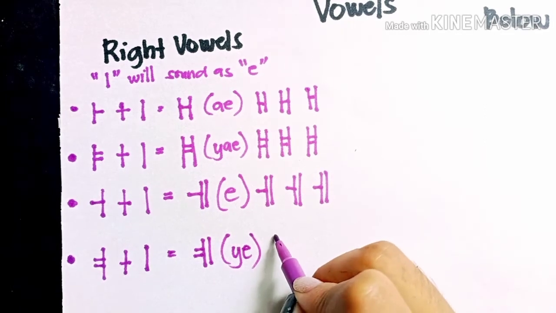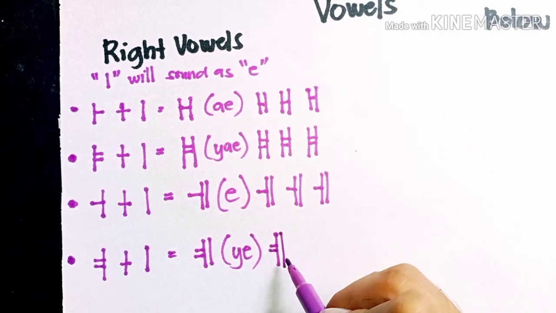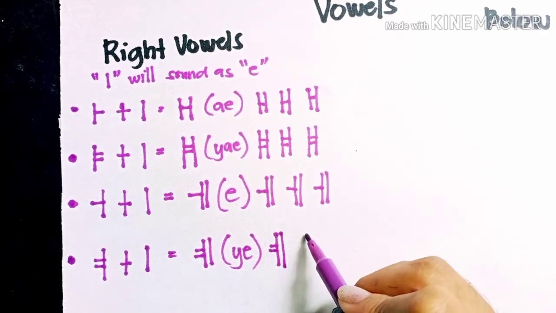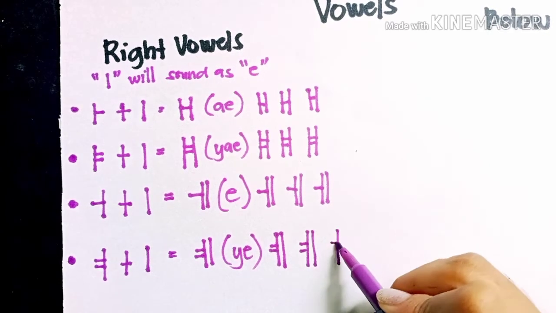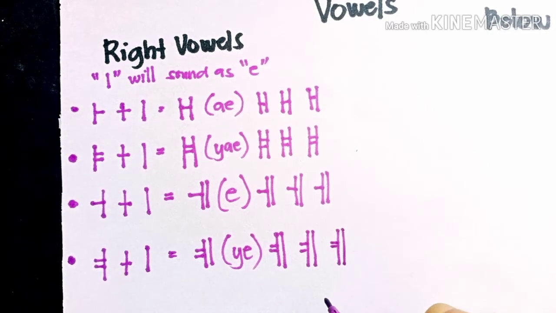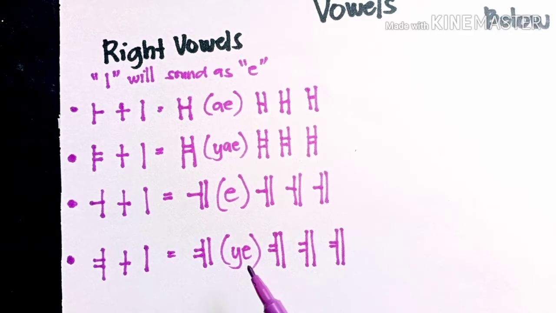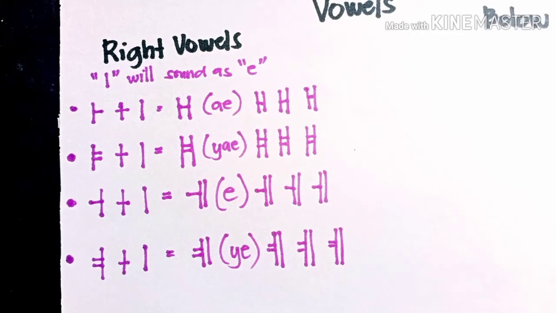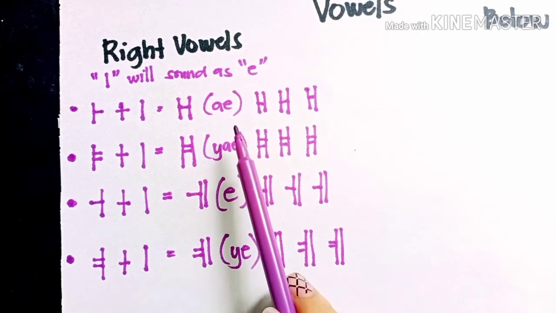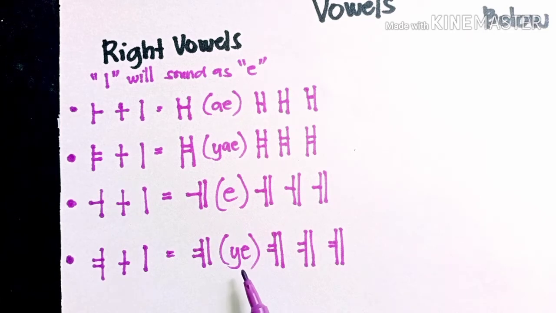Again, Yo plus E is Ye. As you observe, they have the same pronunciation as these other vowels. E, ye, e, ye.